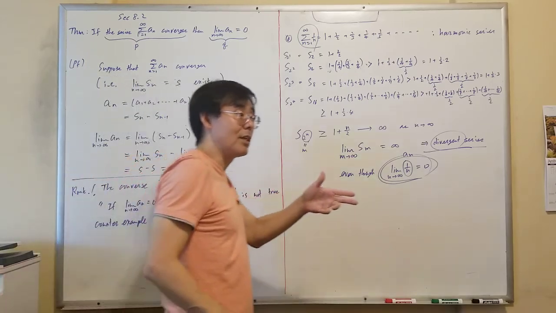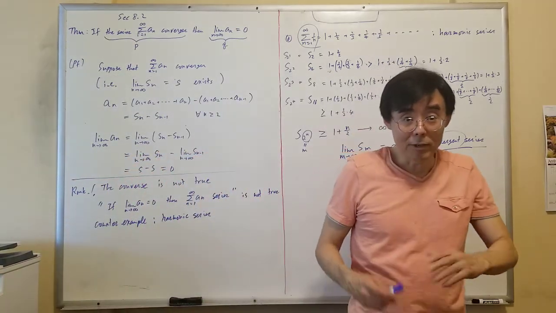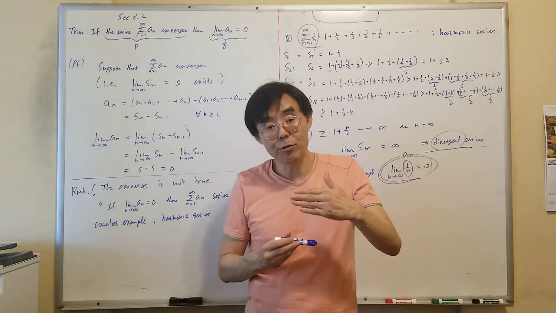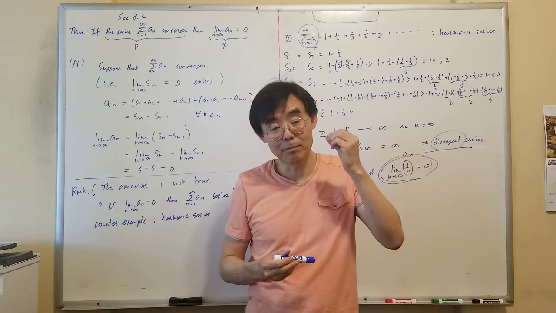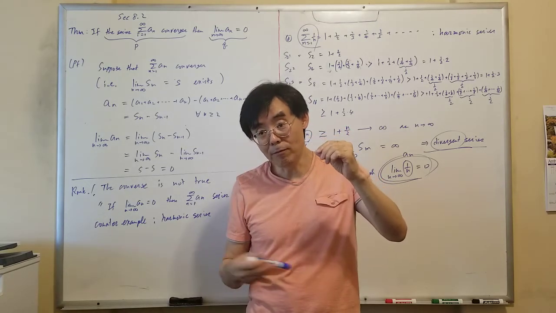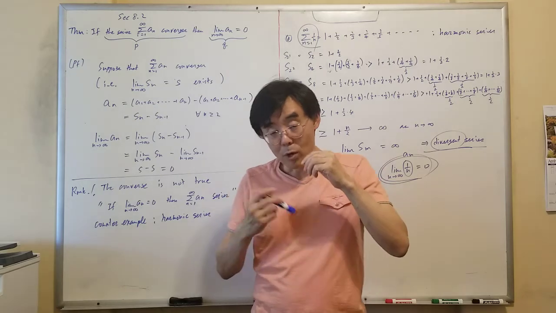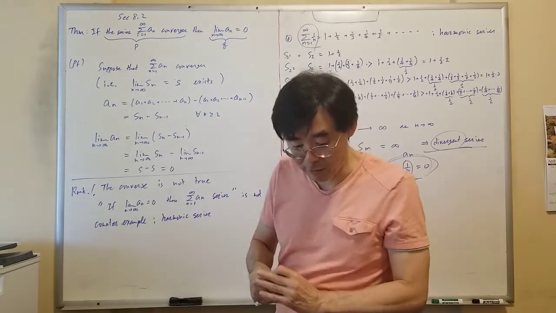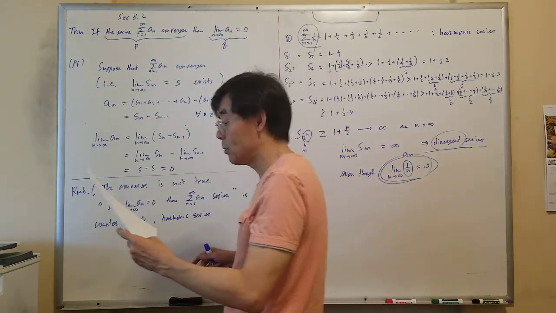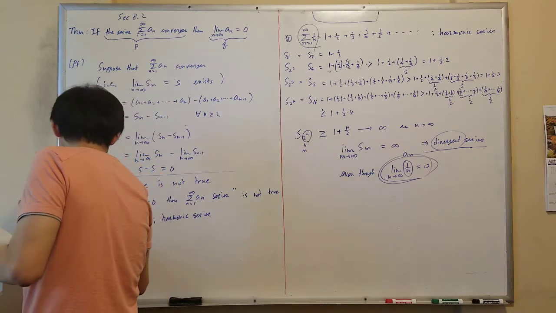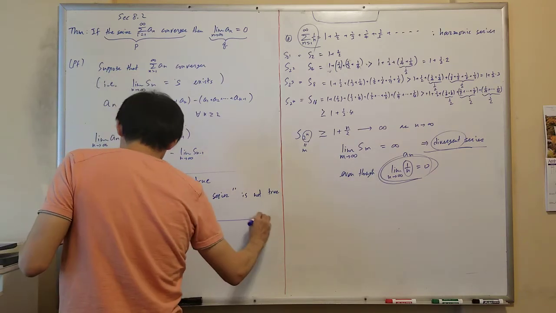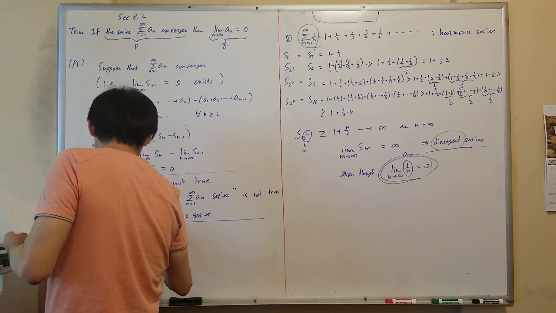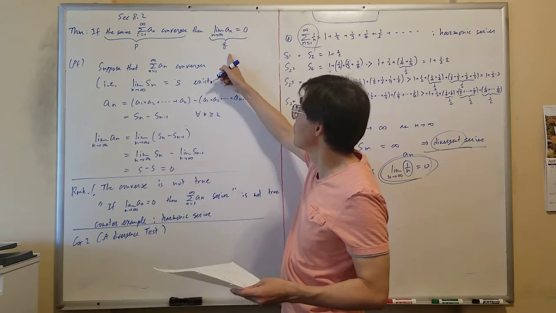So the original conditional statement and its contrapositive are equivalent. Equivalent means that they both have the same truth value, either both true or both false. It can't be a true conditional statement with a false contrapositive. If one of them is true, then the other is true. If one of them is false, then the other must be false too. They are equivalent. The contrapositive statement is what we call the divergence test.